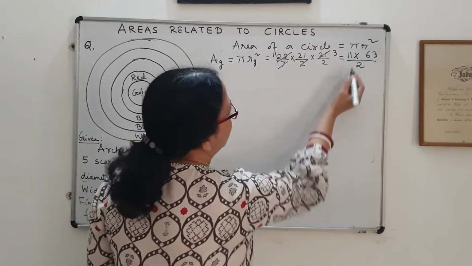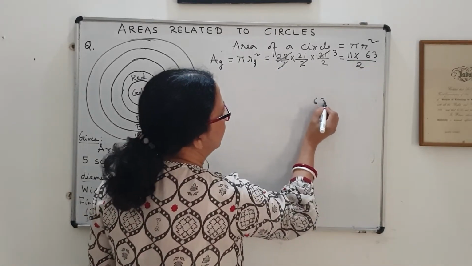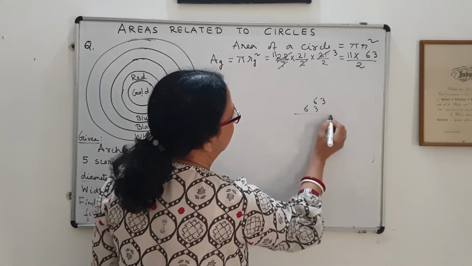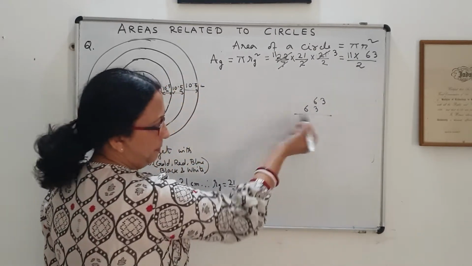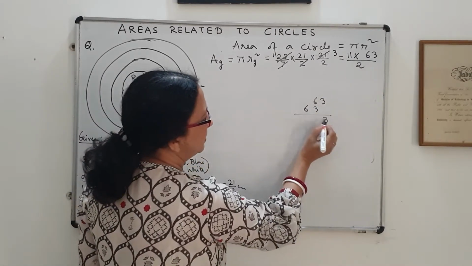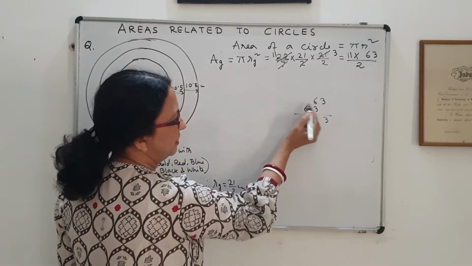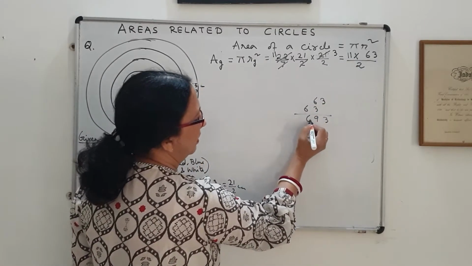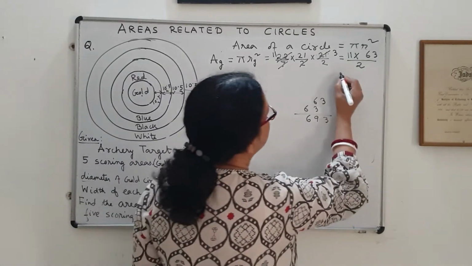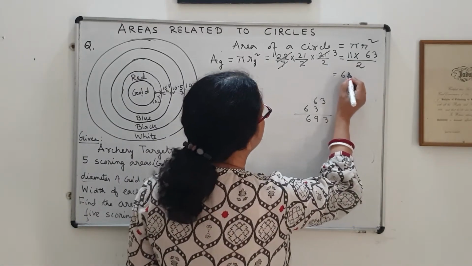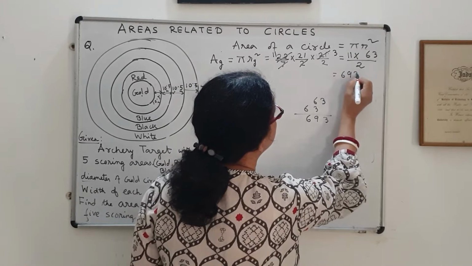Now, how do you do 11 into 63? We write in this way, that is shifting one place, then we add. This is the multiplication. 11 into 63 can be found in this way, writing 63 in this way. So, it is 693/2.